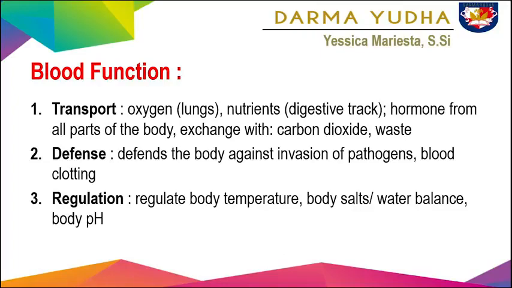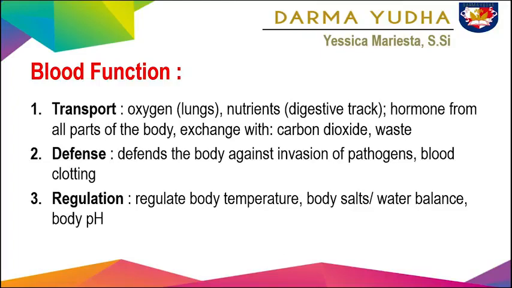The third one is regulation. Your blood is used to regulate your body temperature. Blood makes sure that your body temperature is not too high and also not too low, because if it's too high or too low, it could damage your body. It is also used to regulate the body cells' water balance, and also the body pH.